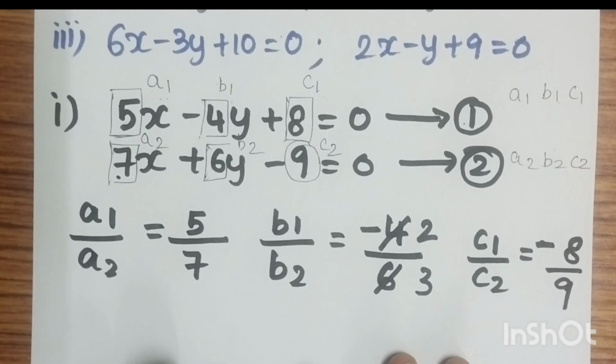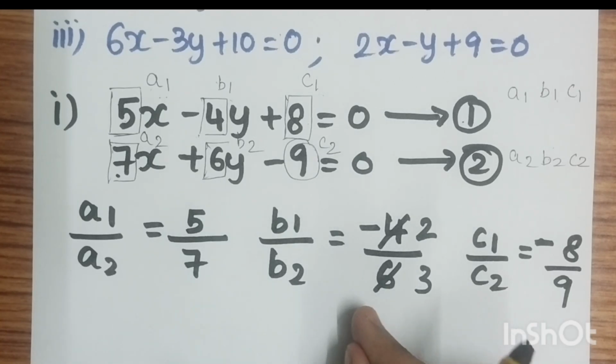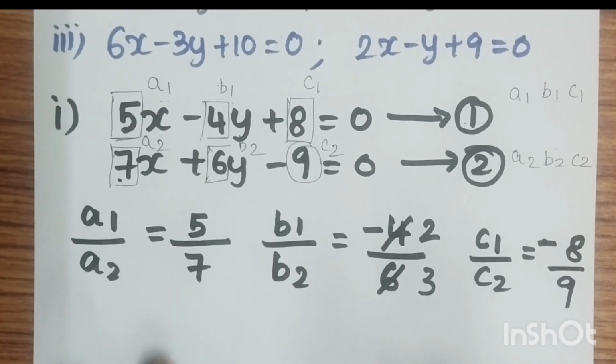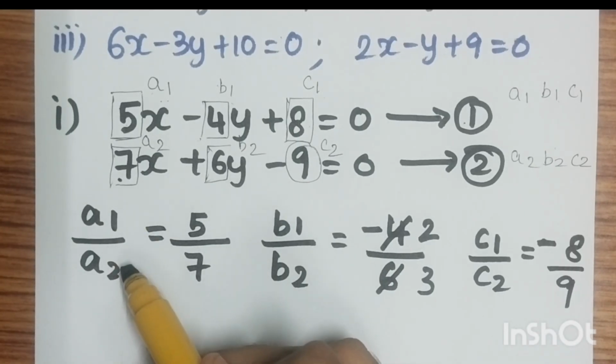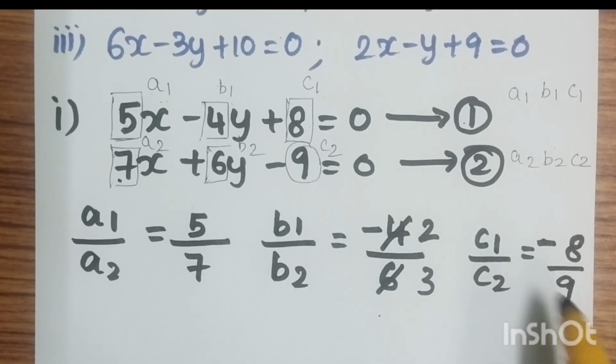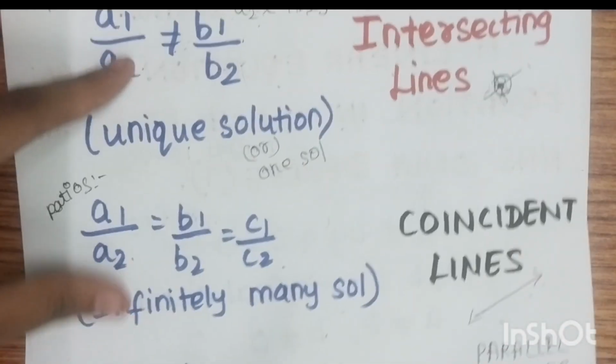Clear? So here a1 by a2 is not equal to b1 by b2. Once your a1 by a2 is not equal to b1 by b2, in the first step itself we got it. So c1 and c2 is not that necessary. With this itself we can say that my lines are intersecting.